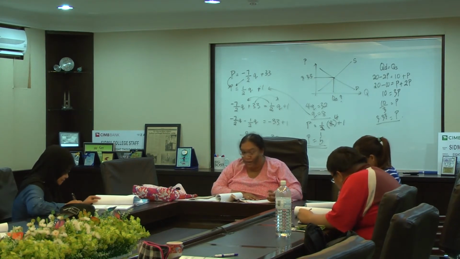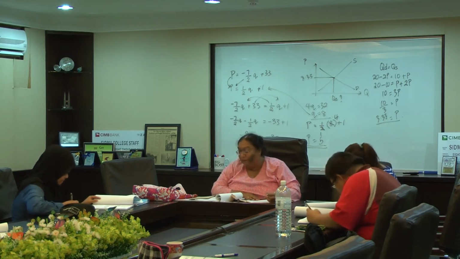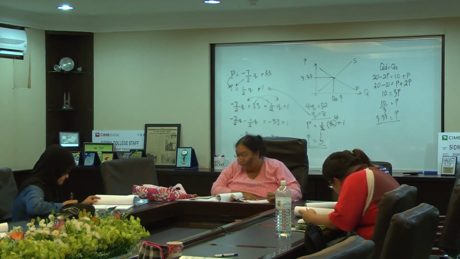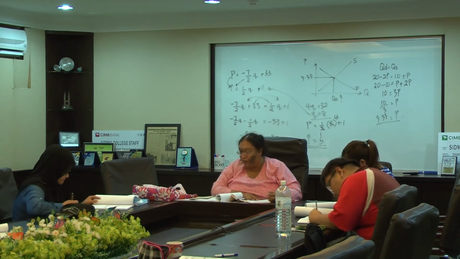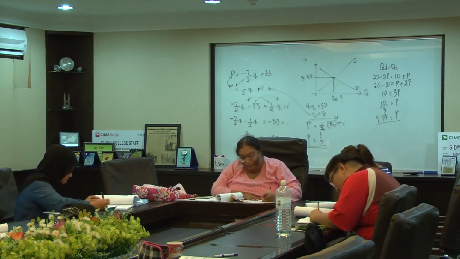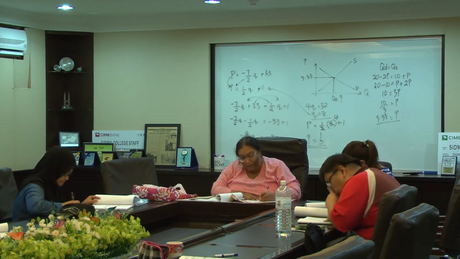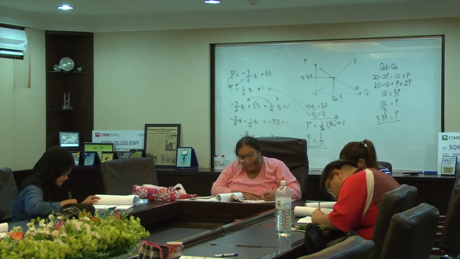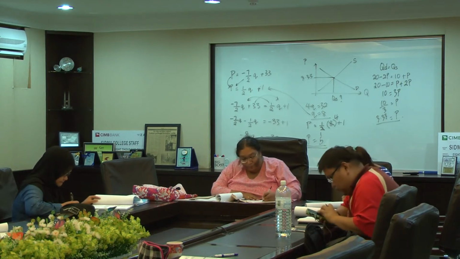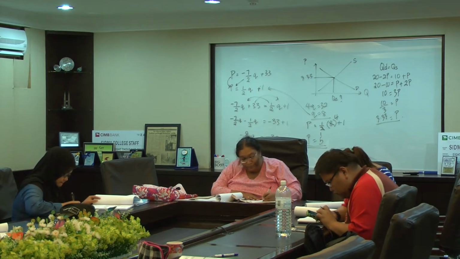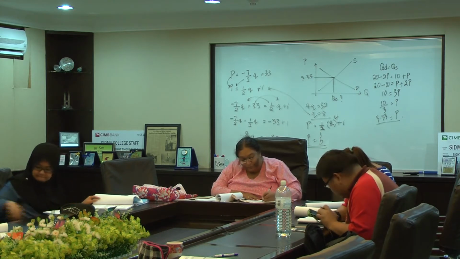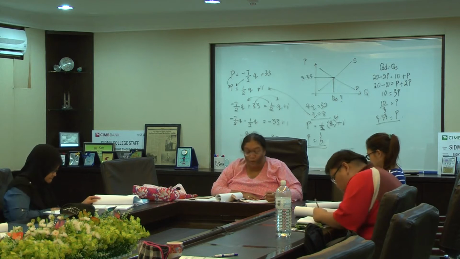Correct? Okay. Next, B. If the price of good A is set at 16, what is the quantity of good A demanded? Now which equation? 300. Why? Negative relationship, kan? Always demand. Is it 172?